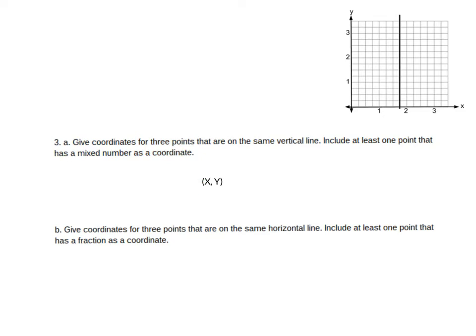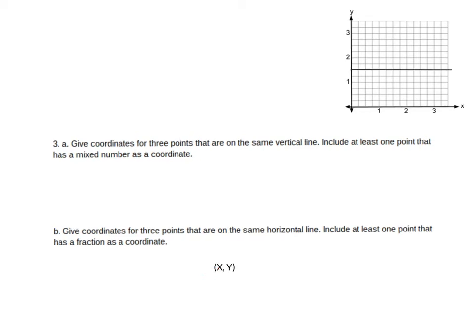So let's give some coordinates for 3 points that are on the same horizontal line. Include at least one point that has a fraction as a coordinate. So if we again look at our coordinates here, think about to make a vertical line, we had to have x be the same. So what do you think would make a horizontal line? As you can see, I have made a horizontal line.